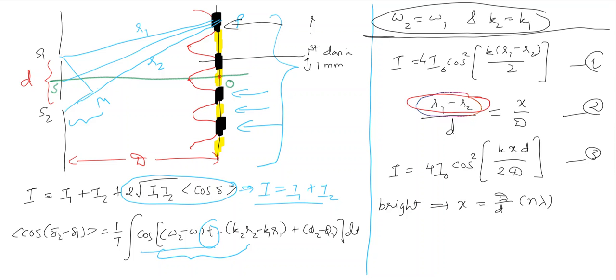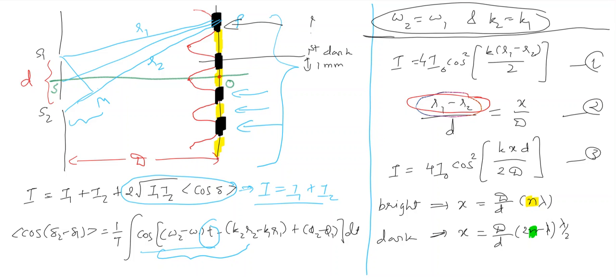Similarly, for the position of a dark fringe, I can write x as D by d, 2n minus 1, lambda by 2. One thing you should not forget here is this n starts from 0, so it is 0, 1, 2, 3, whereas n here starts from 1, so it is 1, 2, 3.